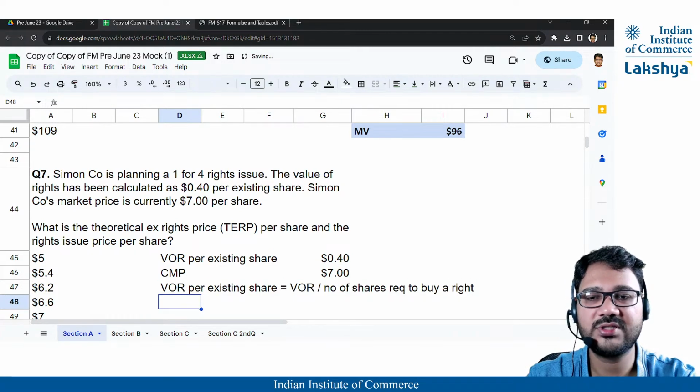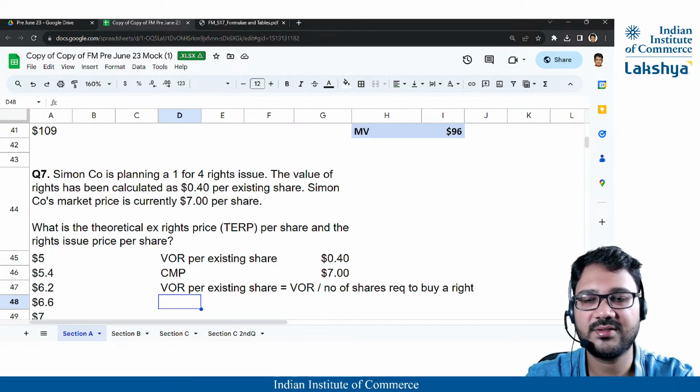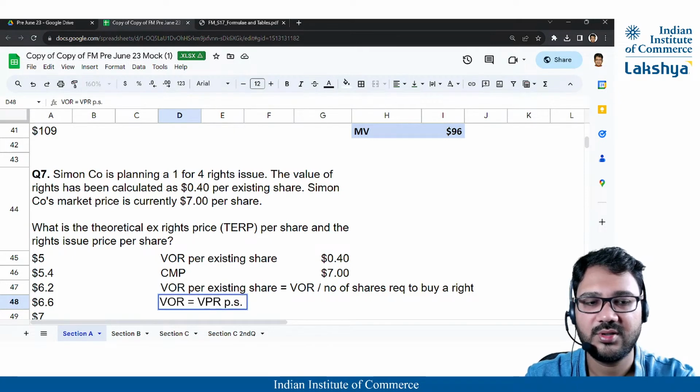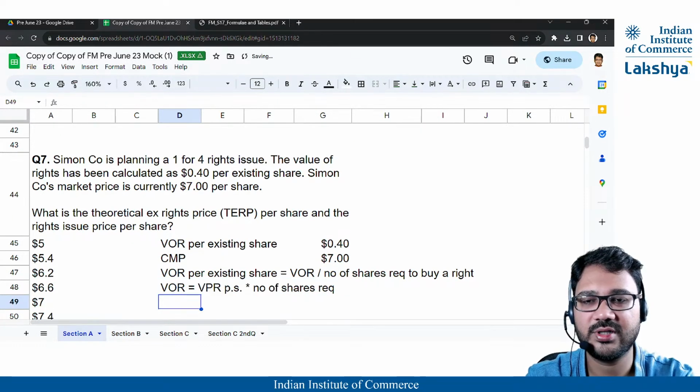So we can just rearrange it and say that value of a right is equal to VOR per share into the number of shares required. I'm just shortening it up.